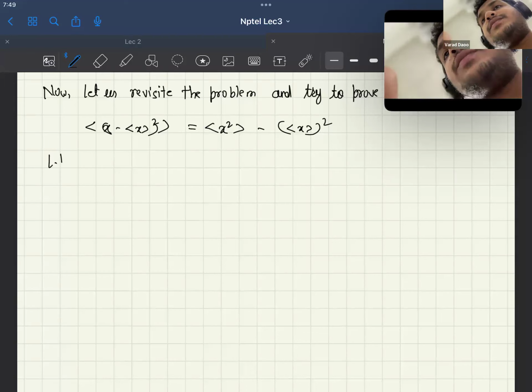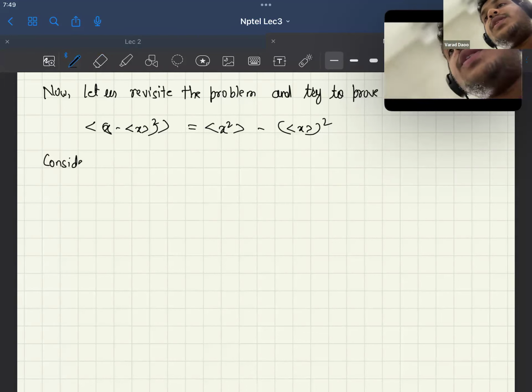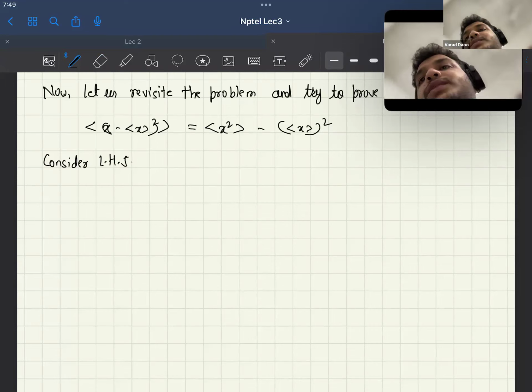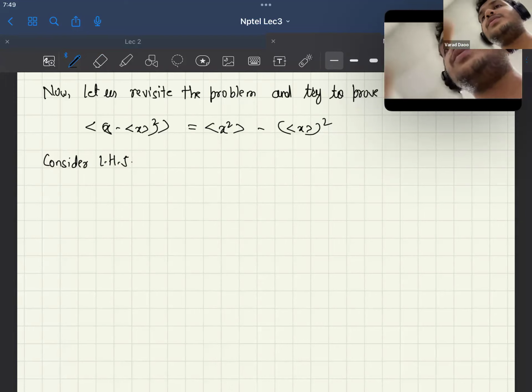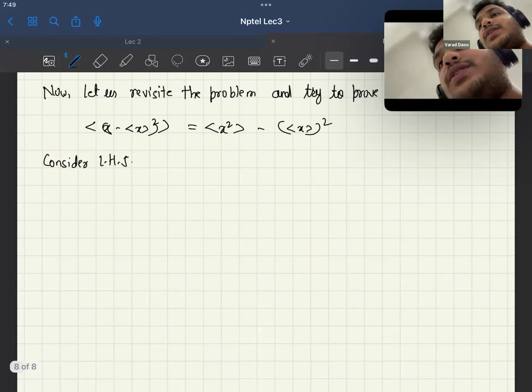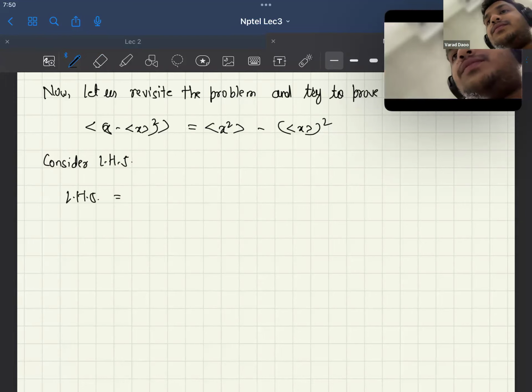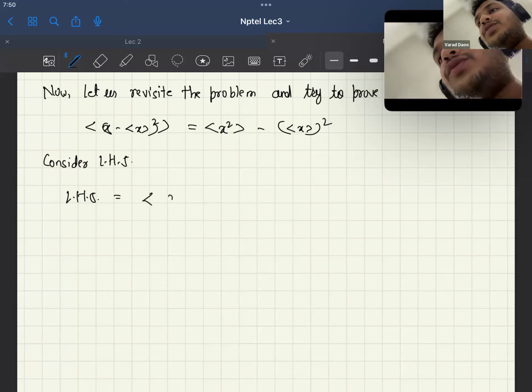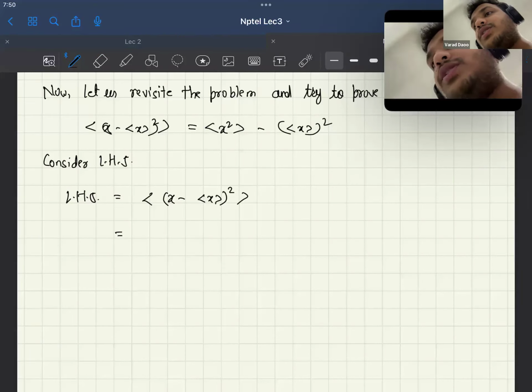So now let us first look at LHS. Consider LHS. Okay. So now what is LHS? LHS is average of x minus average of x whole square average, right? So this is nothing but a minus b whole square.